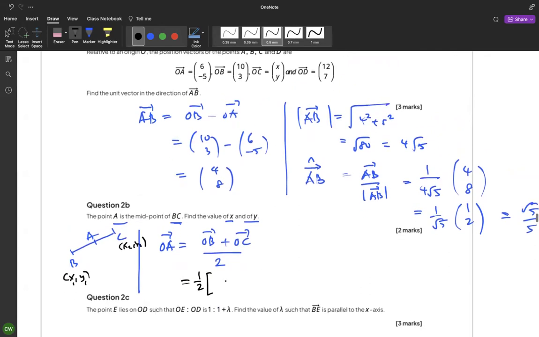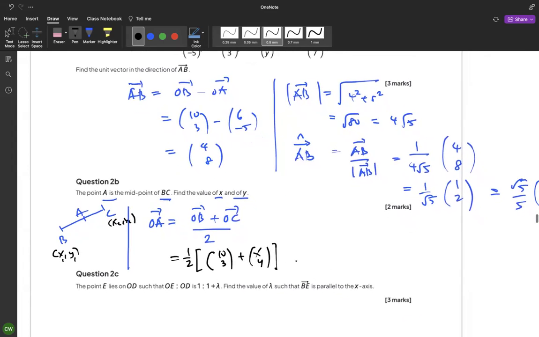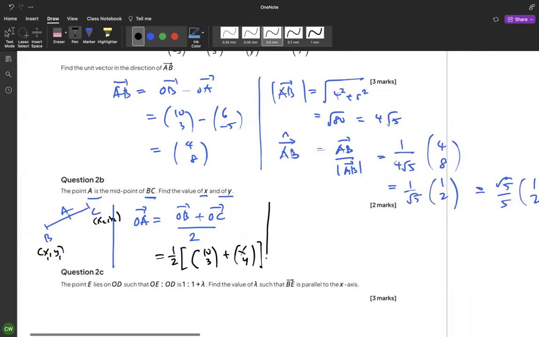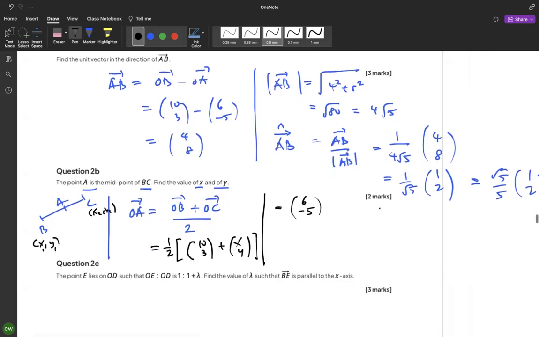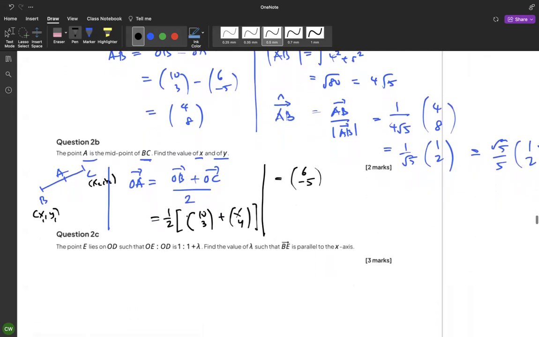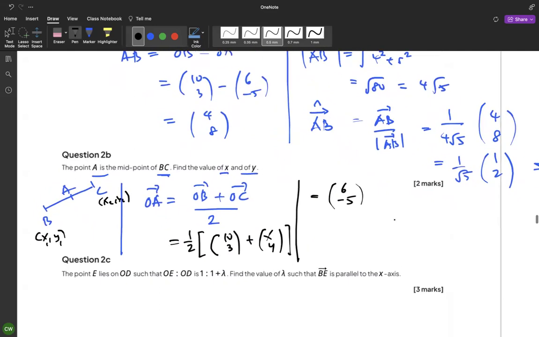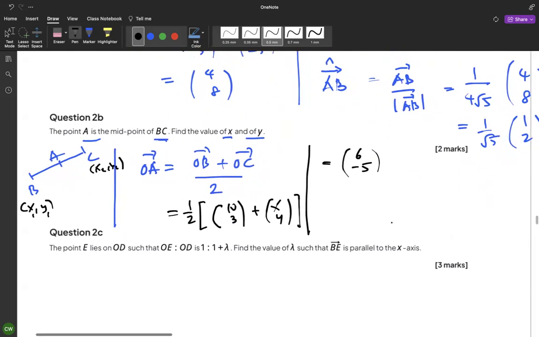Do we have the vector for OB and OC? 10, 3, and s, y. Can we say that this is also equal to 6 and minus 5? Can you solve this equation to get the s and y?